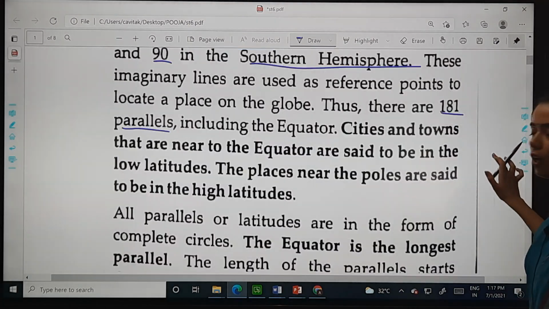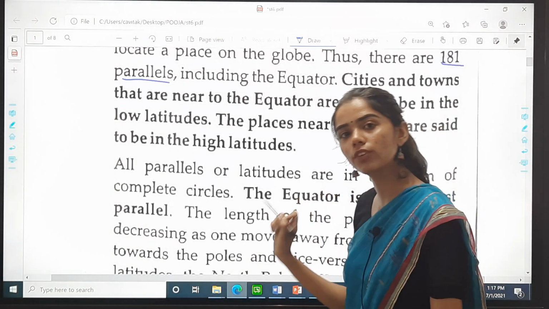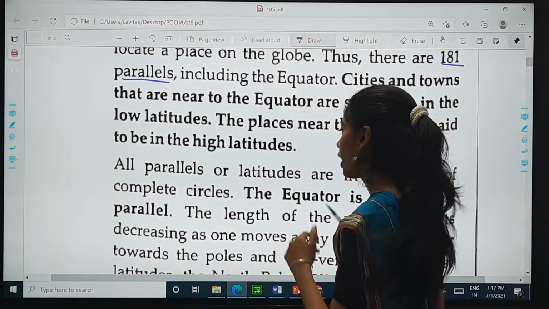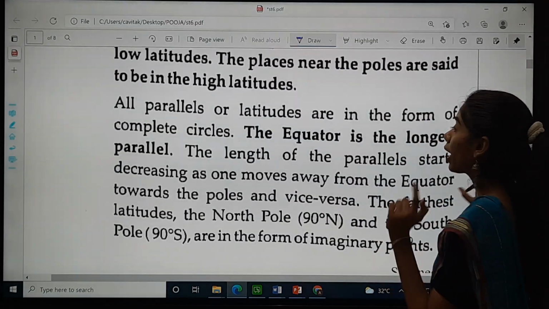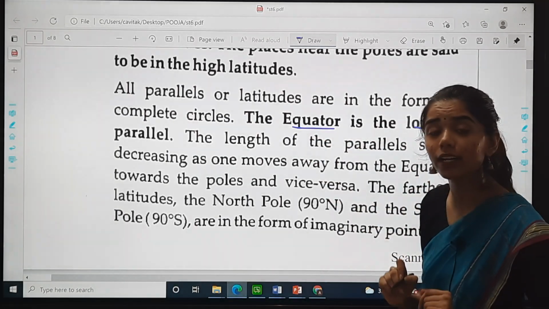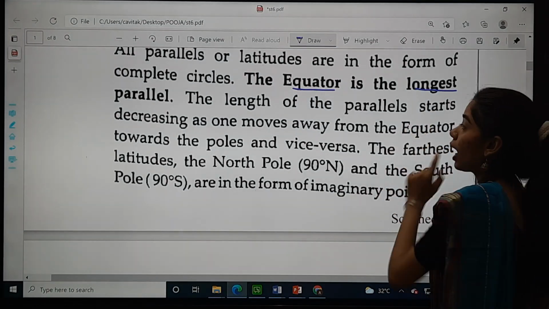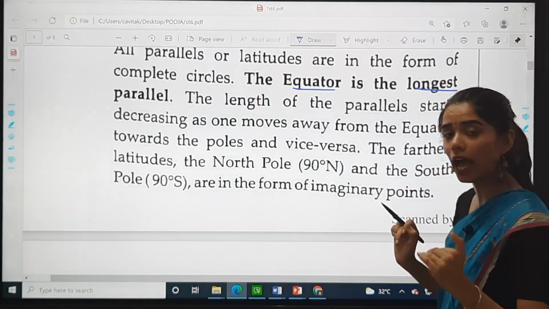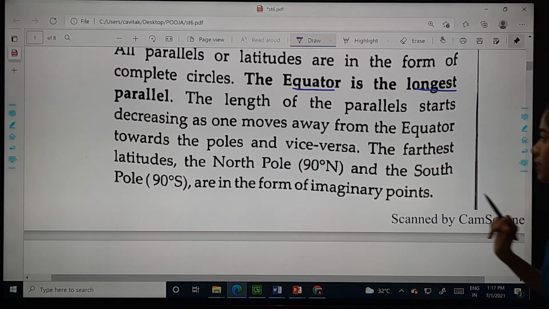Clear? Now, all parallels or latitudes are in the form of complete circles. So we have seen in the figure, they look like complete circles. The equator is the longest parallel. Which is the longest parallel? Equator. The length of the parallel starts decreasing as one moves away from the equator.